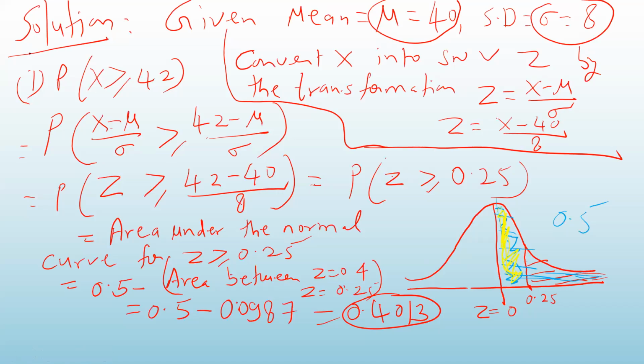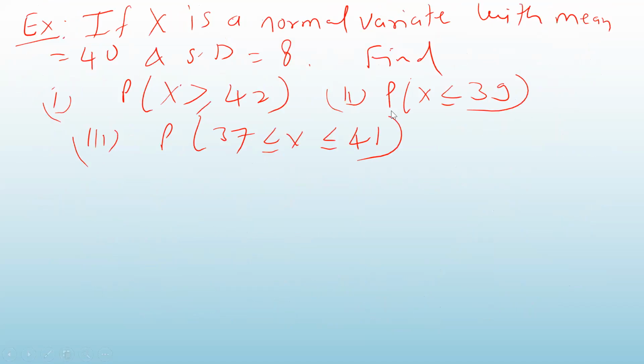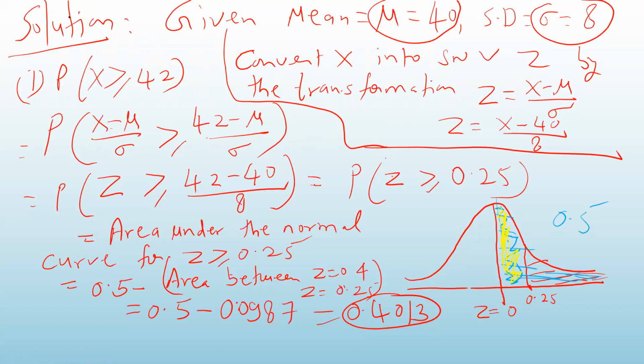In the second one, what you have to find out is the probability of x less than or equal to 39. As before, you will convert x into z.